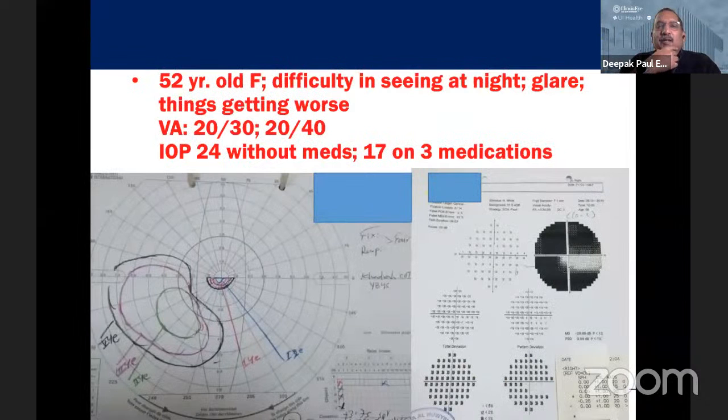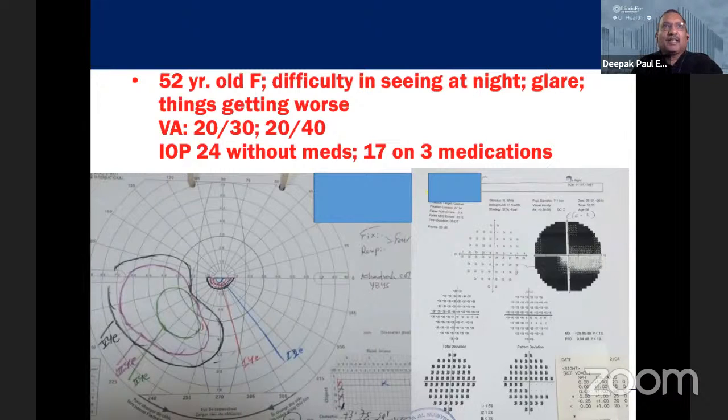So let's move on to the talk itself. So here's a typical patient with this kind of scenario: a 54-year-old female, difficulty in seeing at night, complaints of glare, things getting worse. Vision is 20/30 and 20/40, intraocular pressures 17 millimeters and 3 medications.